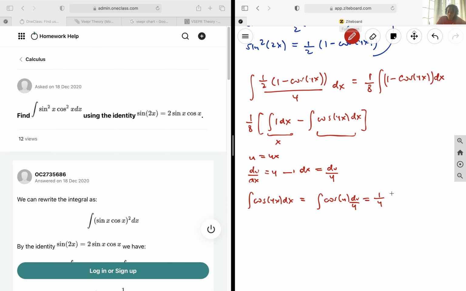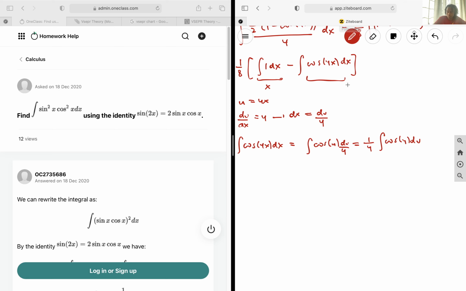We can pull out the 1 over 4 and it becomes the integral of cos u du. And that is going to give us 1 over 4 multiplied by sine u. So 1 over 4 sine 4x. Put that all back into this formula we have.